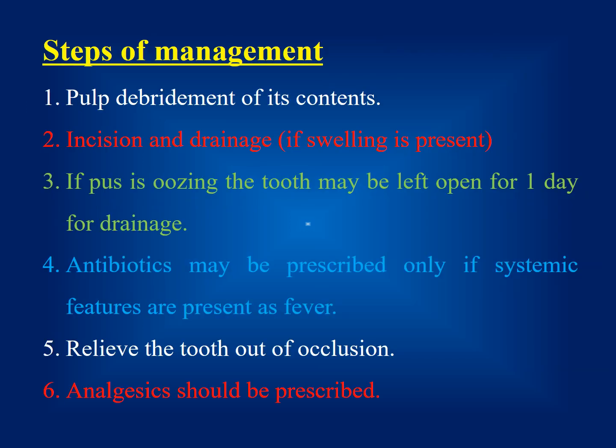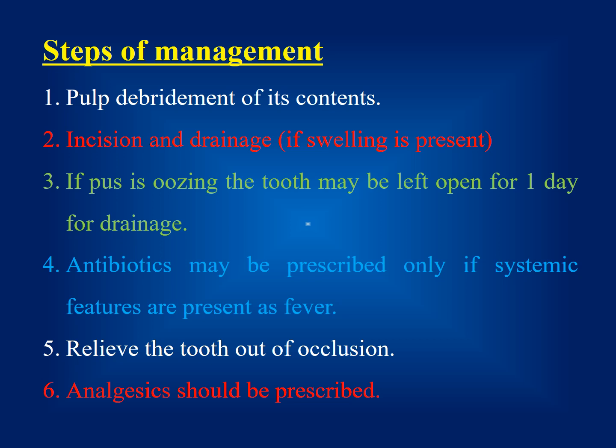The steps of management here: we debride the pulp from its contents. We do incision and drainage if the swelling is present. If pus is oozing, the tooth may be left open for 1 day for drainage.